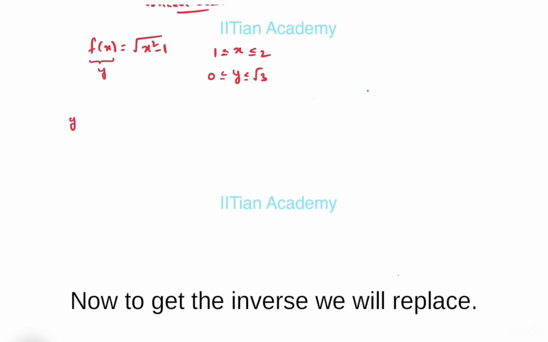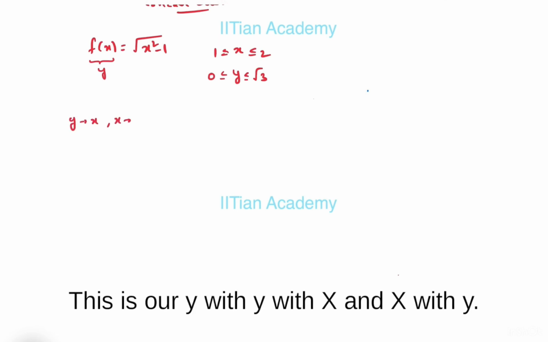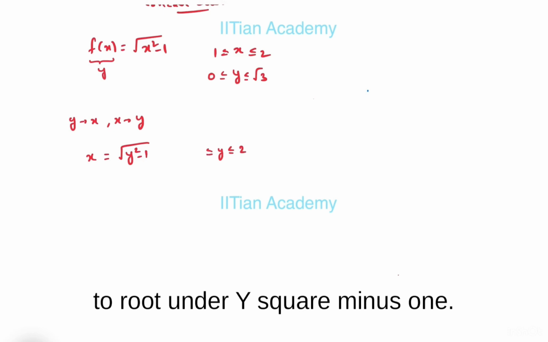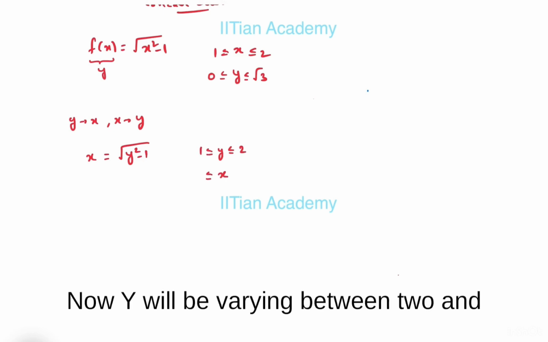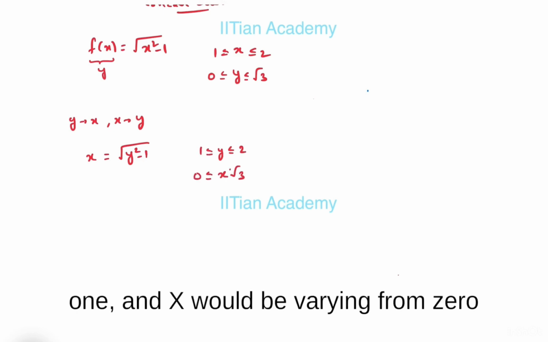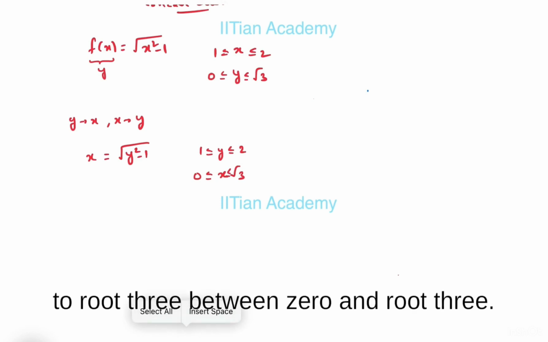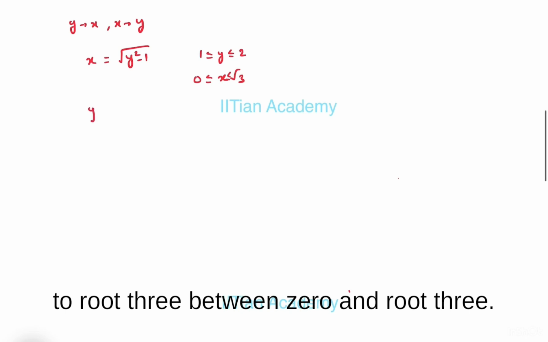Now to get the inverse, we will replace y with x and x with y. So it will be x = root under y² − 1. Now y will be varying between 1 and 2, and x would be varying from 0 to root 3.